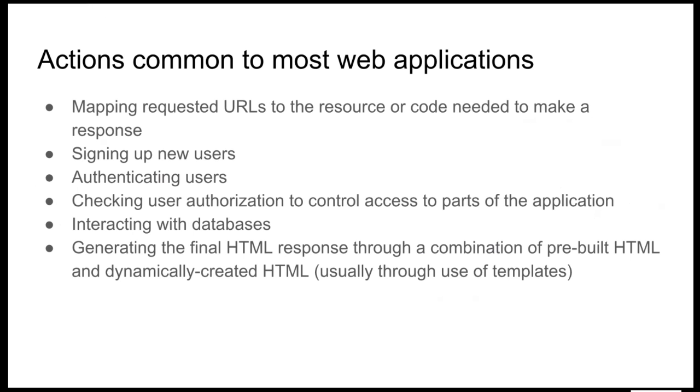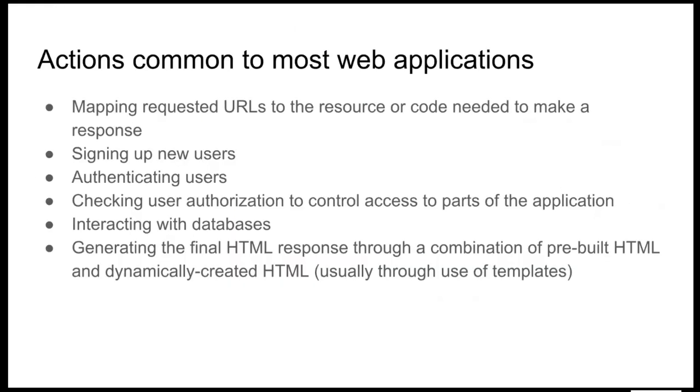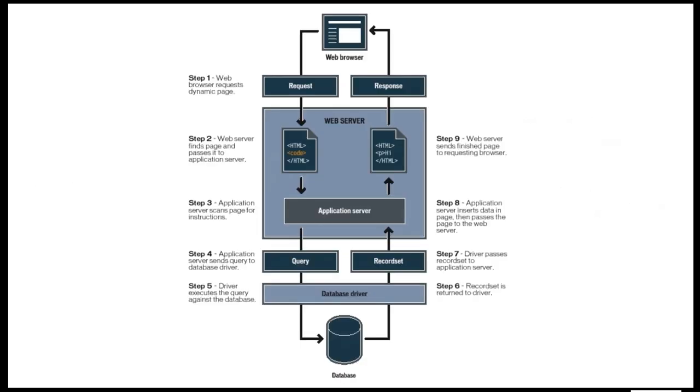I'm going to go back to this diagram for a second. If you look at steps 6, 7, and 8, look at what it says here. Generating the final HTML response through a combination of pre-built HTML and dynamically created HTML. In step 3, an HTML page that has some code in it is given to the server. In step 9, we have replaced the little section that says code with actual HTML, dynamically created.